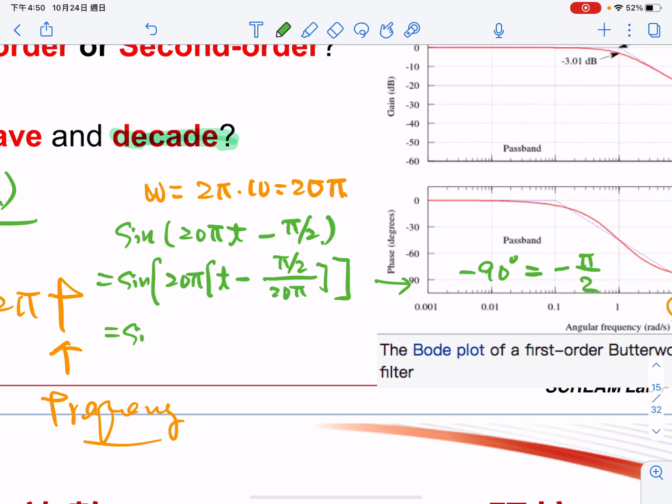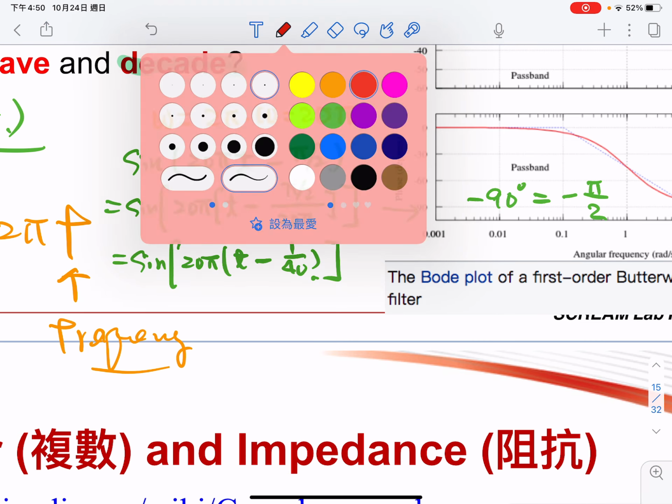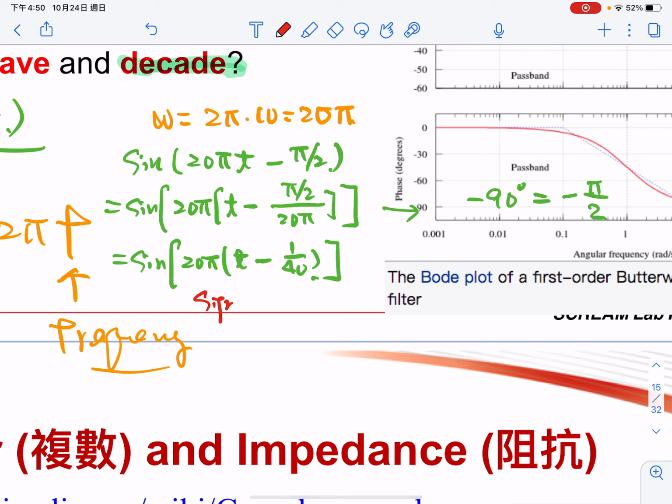Okay, let me go further. I have 20 pi (t minus 1 over 40). What does this mean? This means that the signal of 10 hertz is delayed by 0.025 seconds.